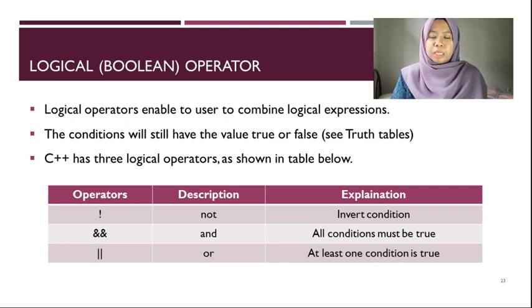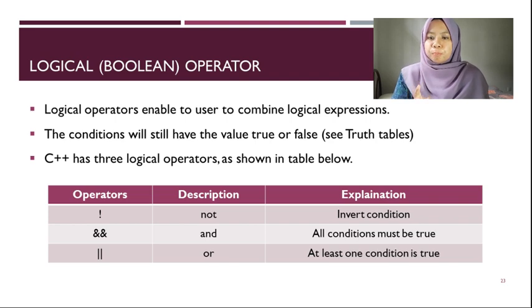So the next subtopic is logical or Boolean operators. Logical operators enable the user to combine logical expressions. The condition will still have a Boolean value, which is true or false. C++ has three logical operators, as shown in the table. First we have the exclamation mark, which we call not.